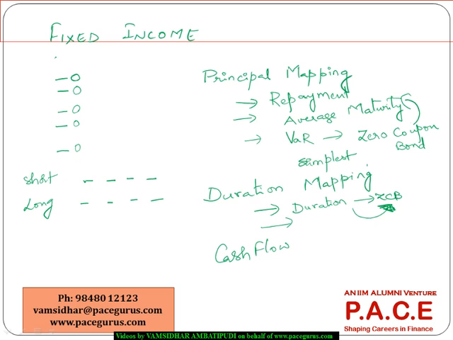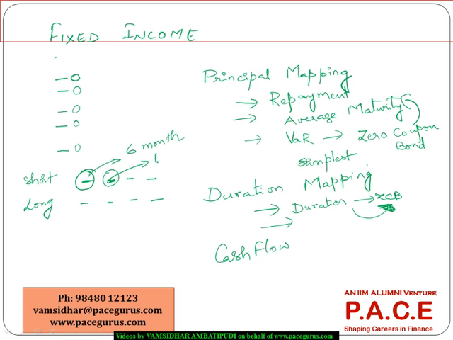Now what we are saying is that each cash flow of the short and the long is decomposed. So this becomes a separate instrument, and this becomes a separate instrument. The present value of this cash flow, I'll try to map with, let's say, a 6-month duration.